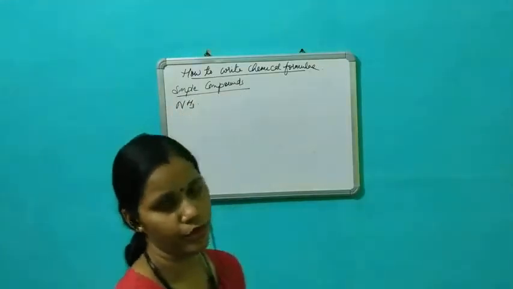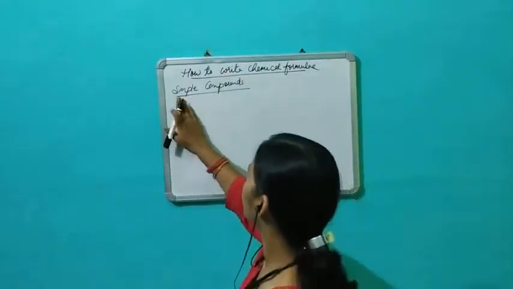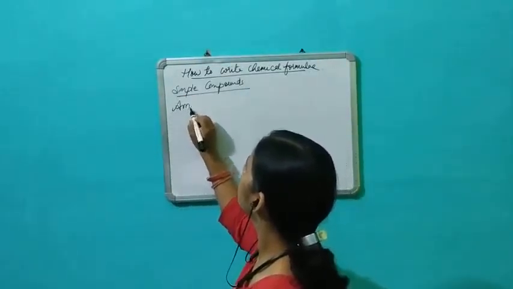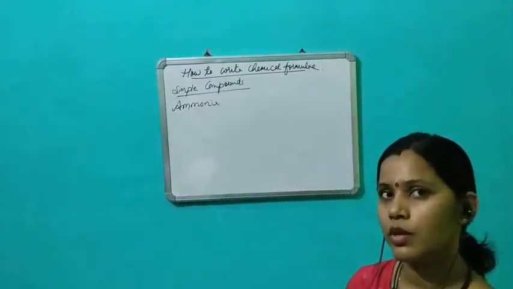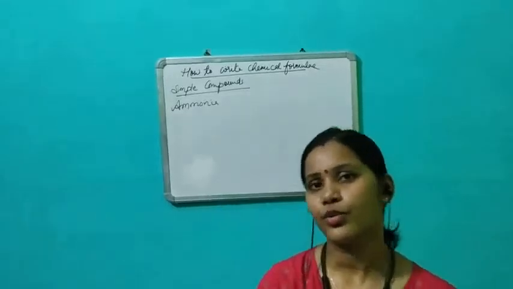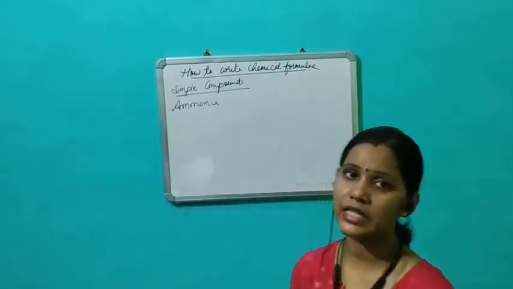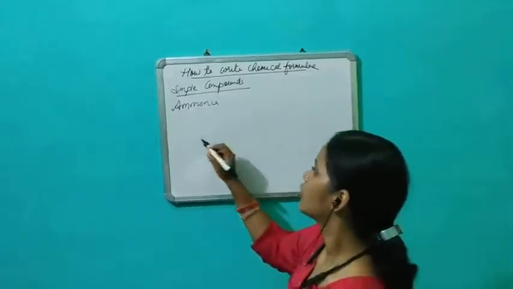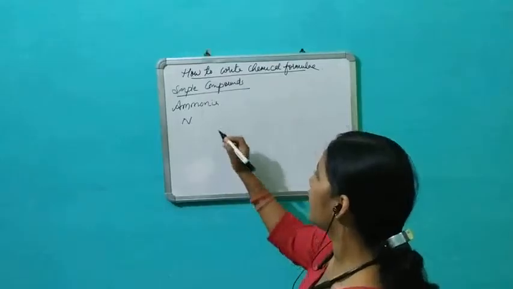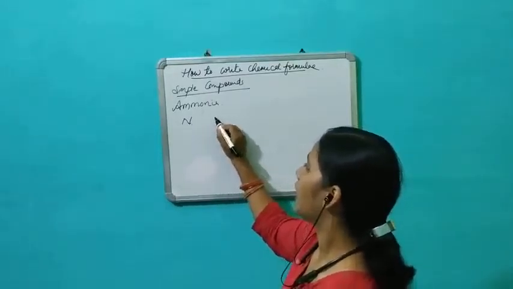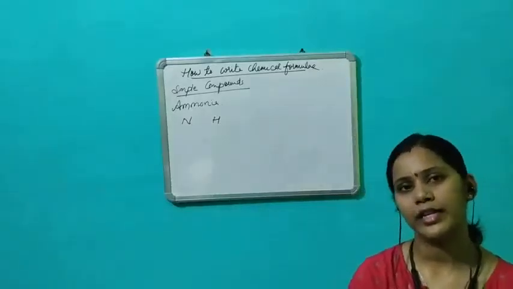So the first step is to write the symbols of the elements. You should know the symbols. Ammonia contains nitrogen and hydrogen. Nitrogen stands for N and hydrogen H. And the second step is to write the valency.